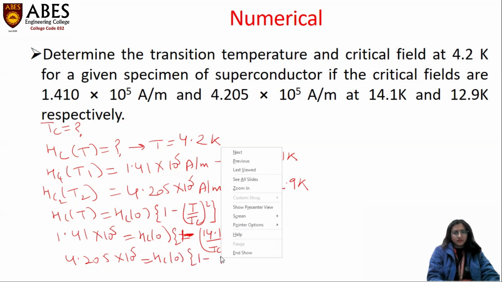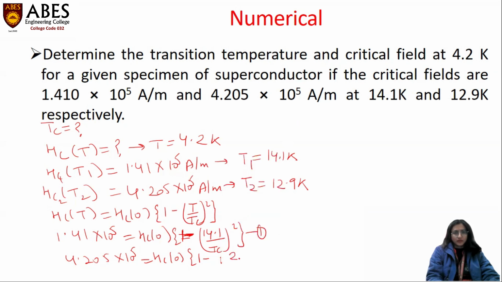(12.9 by TC) square. This is our second equation. If we divide these two equations, HC0 will cancel out.